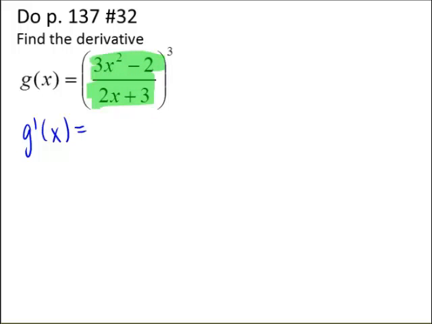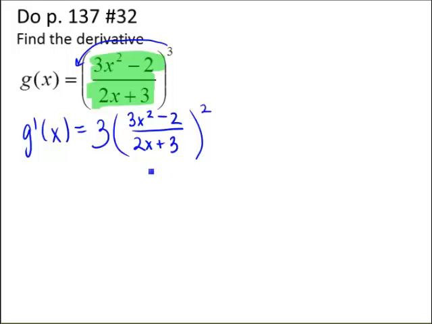So I'm going to take the derivative of just that part, which would be bringing this 3 out front, rewriting these huge parentheses with the squared part. Had this been just an x, I would have been finished, but it's not. I have to take the derivative of what's inside of here.